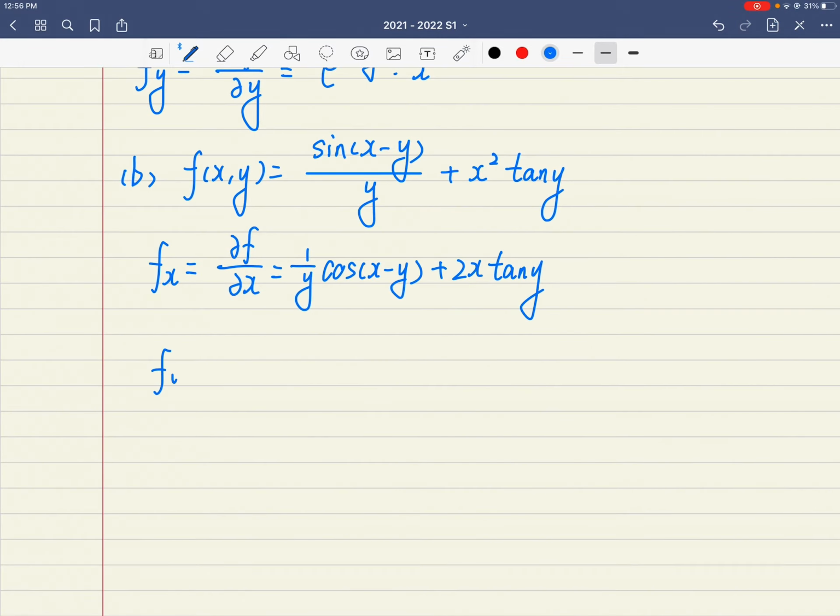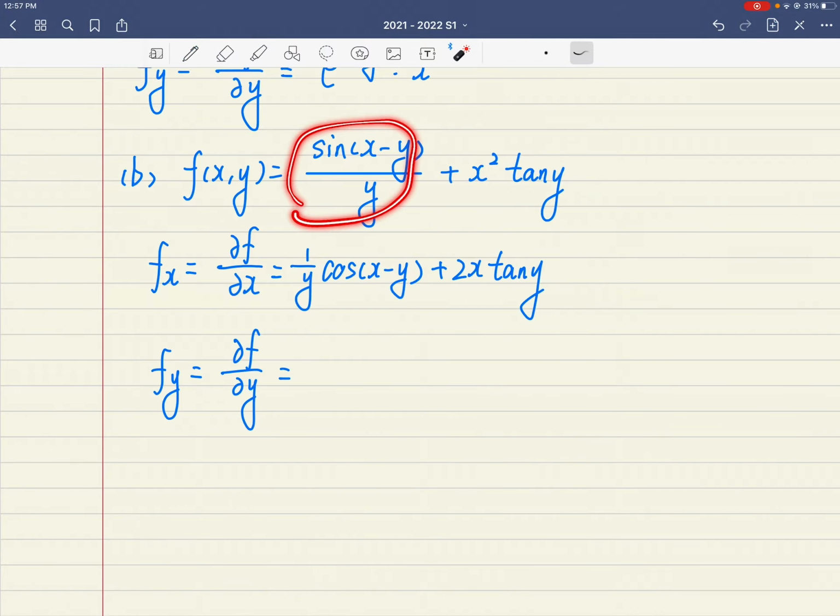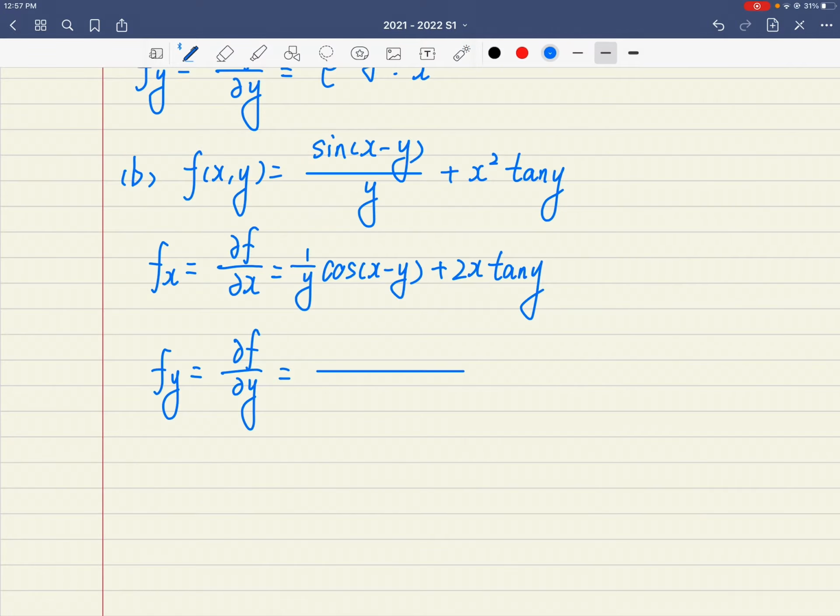But now if you differentiate it by y, you have to treat x as a constant. Then if you differentiate this by y, you are going to use the quotient rule. It's going to be the top's derivative times the bottom, minus the top times the bottom's derivative, over bottom squared. For the top's derivative, you have to use the chain rule because of x minus y: you differentiate it by y, you have an extra negative 1 in front.